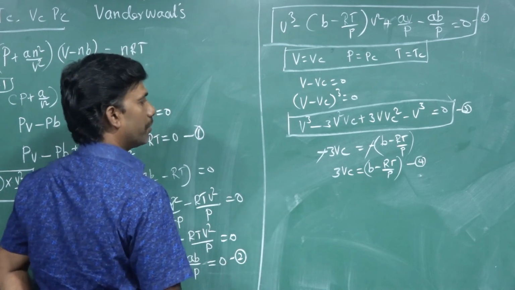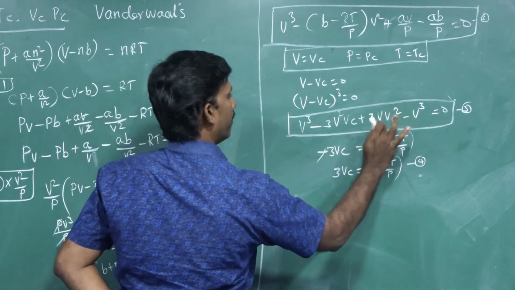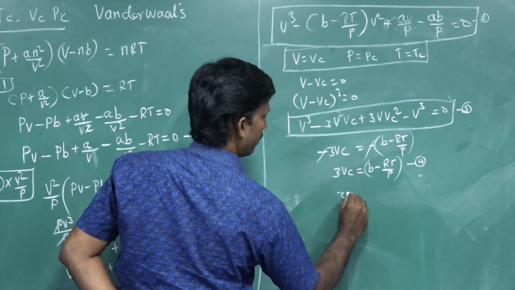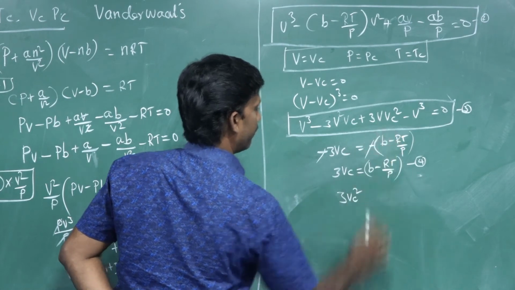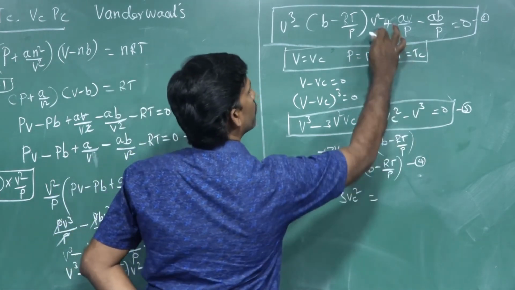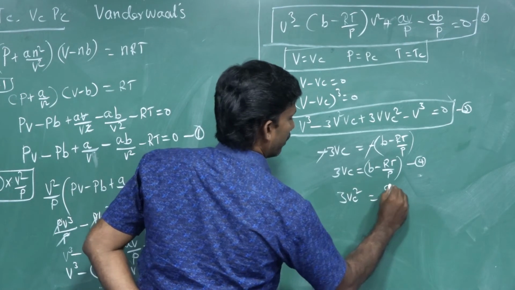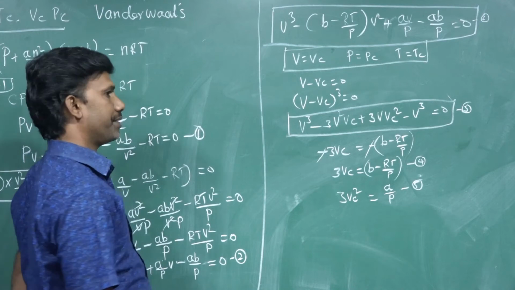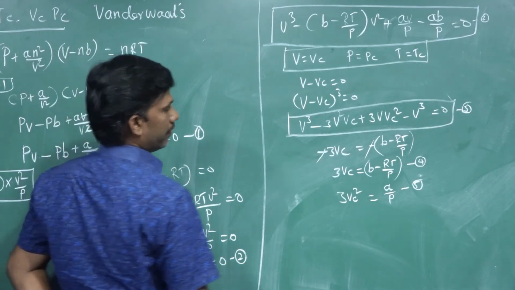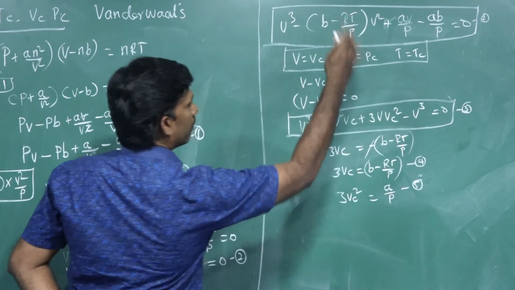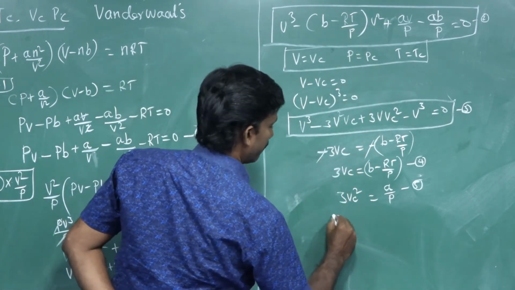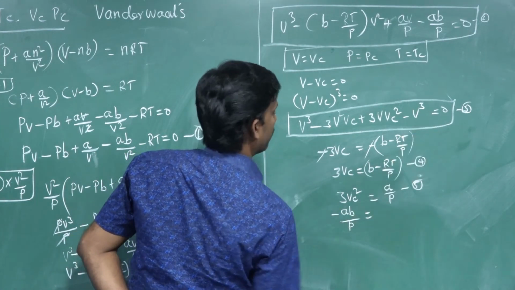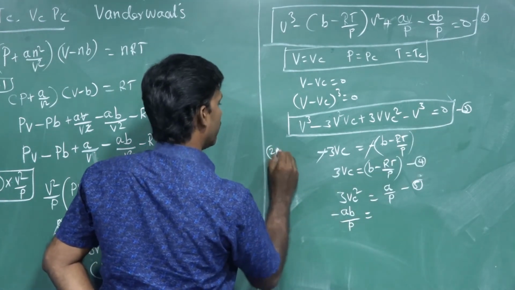Then I am going to compare the coefficients of V. From equation 3, the coefficient of V is 3Vc squared. If you compare it in equation 2, what is it for V? A by P. This is equation number 5. Then the remaining terms, here and there, we find minus AB by P. Don't get confused, we are comparing the coefficients of equations 2 and 3.